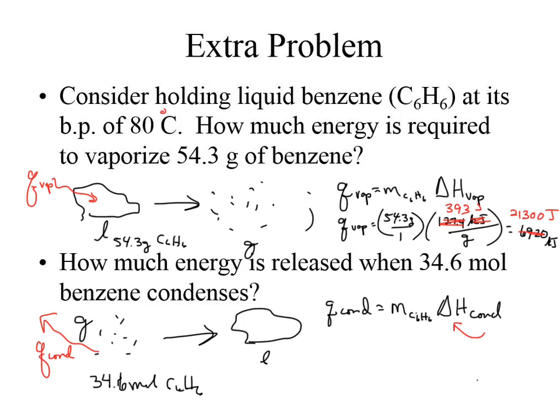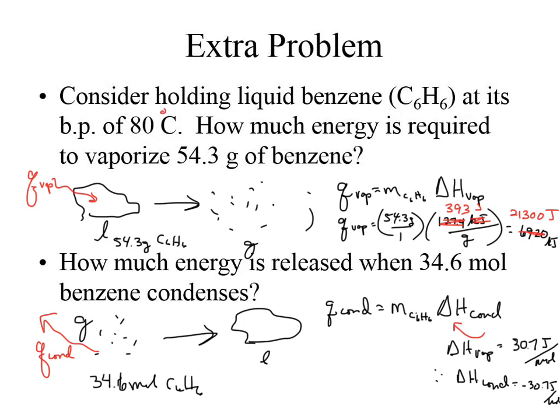So we're going to go with moles instead of grams, and actually the delta H vaporization is, I got 30.7, I hope it's joules per mole. Okay, so therefore the delta H of condensation is equal to negative 30.7 joules per mole. Final answer.